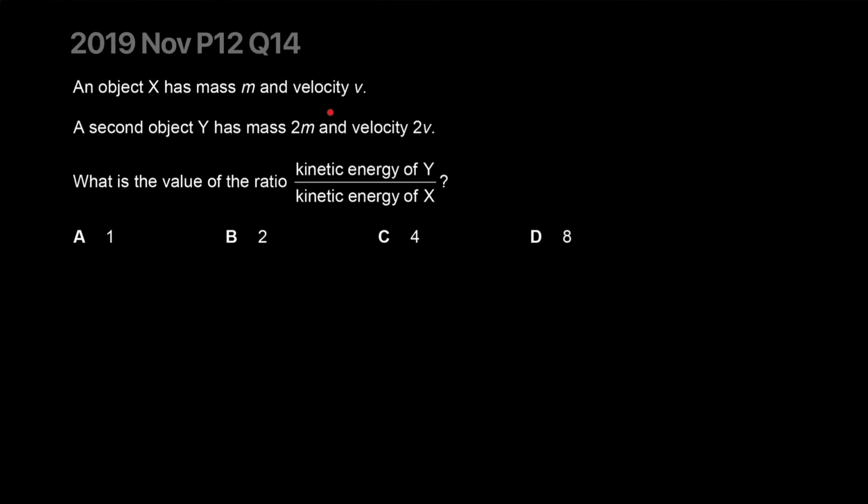An object X has a mass m and velocity v. A second object Y has mass 2m and velocity 2v. What is the ratio of the kinetic energy of Y to the kinetic energy of X?